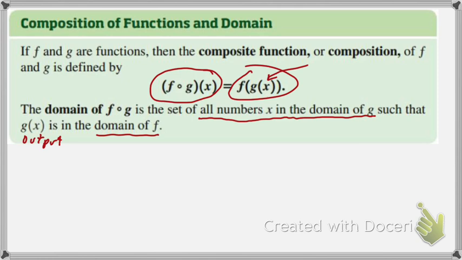Honestly, I had to read that about 5 or 6 times before it made sense. It's all the numbers in your first function's domain, so that when you run those numbers through that first function, you're producing a y value that the second function, in this case f, can use as an input. Let's look and see what that really means.